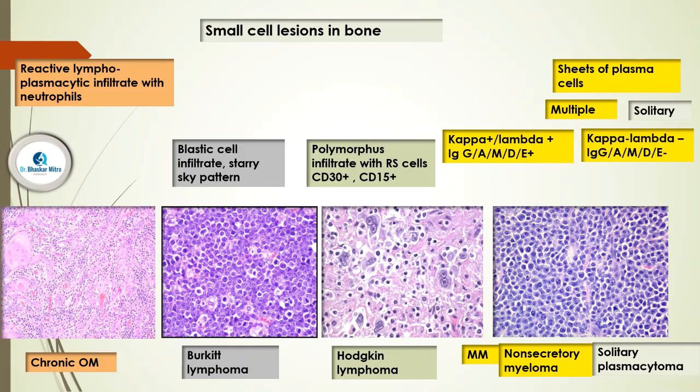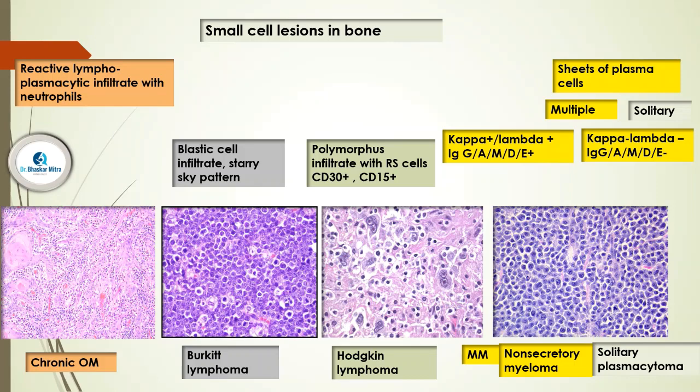Now some of the cells show a typical blastic cell infiltrate, that is coarse nuclear chromatin and irregular nuclear margins, with plenty of tingible body macrophages giving a starry sky appearance. This is characteristic of Burkitt lymphoma. There may be a polymorphous infiltrate with the presence of Hodgkin's-like cells, classically seen in cases of Hodgkin lymphoma affecting the bones.